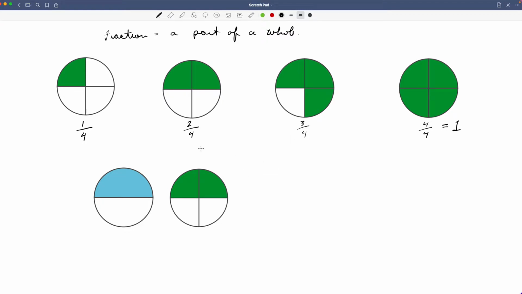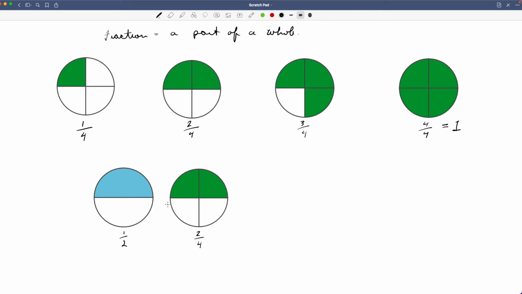Now, we know that we can reduce fractions and that fractions can have different denominators but then have the same value, and I've illustrated that for us here. In this picture, I have divided the circle into 2 equal parts, and 1 out of the 2 parts is shaded. In this circle, it's the same as the one above. We have 4 equal parts, and 2 of the 4 parts is shaded.